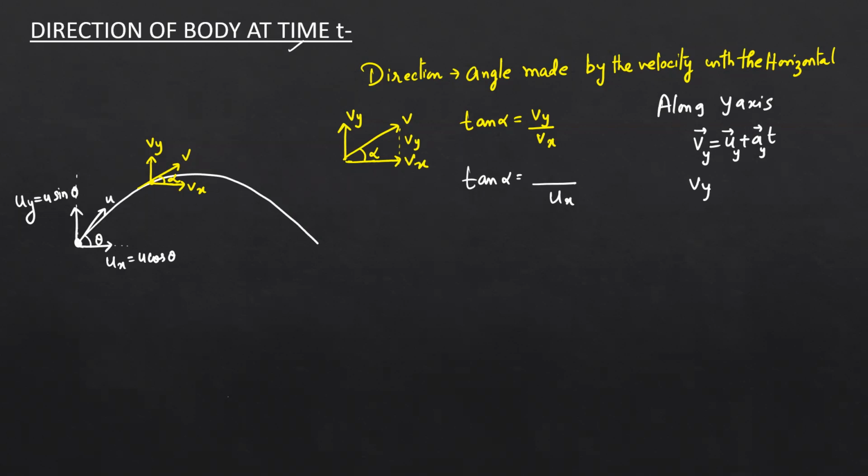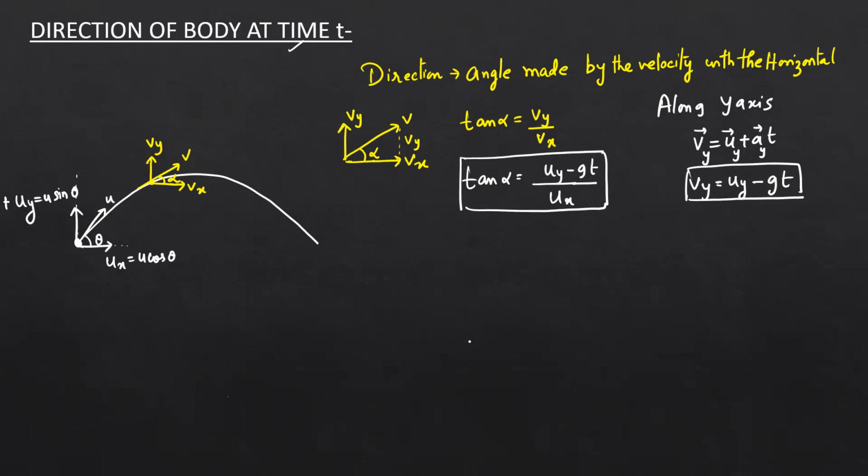Uy is nothing but u sin theta, and it is in the upward direction, so it is going to be plus. But acceleration along the y-axis will be gravity, which is in the downward direction, so minus g into t. So vy is going to be uy minus g into t. This is the formula for the angle made by the velocity vector with the horizontal at any time t.